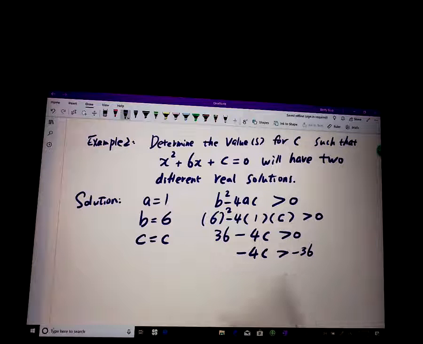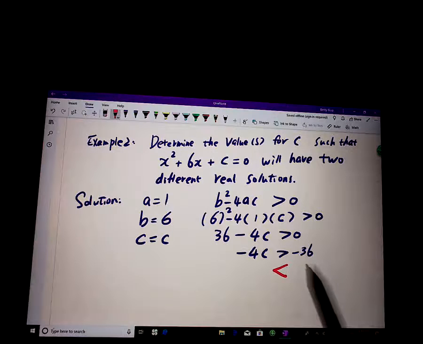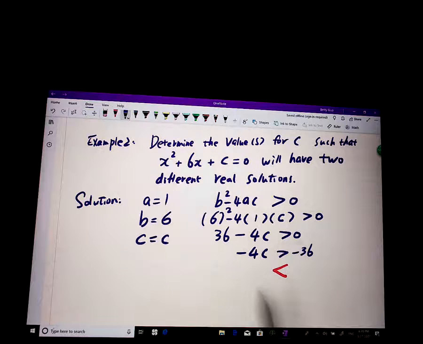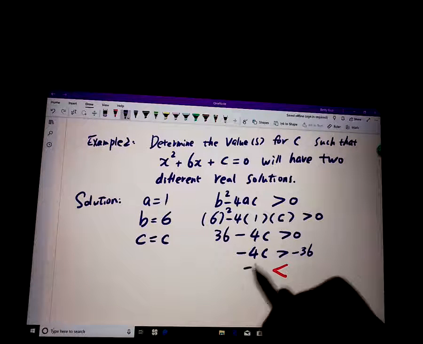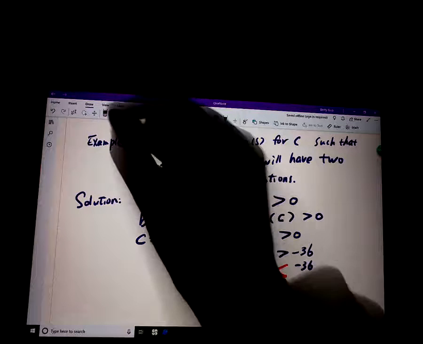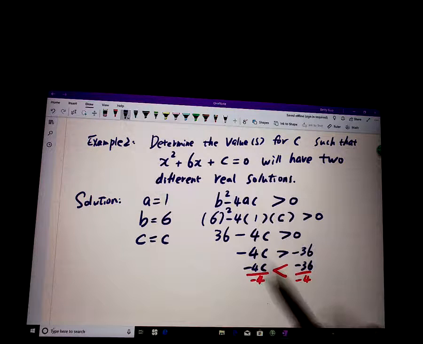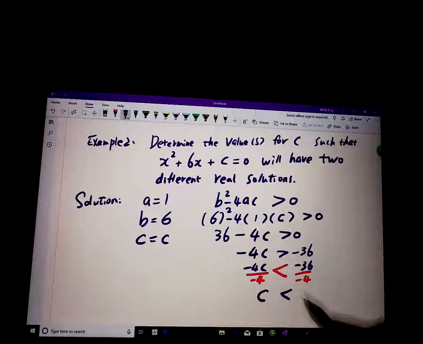But don't forget, when we divide or multiply both sides of an inequality by a negative number, in this case negative 4, we need to flip the direction of the inequality symbol. So we end up with C less than 9.